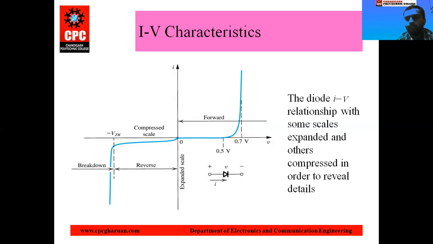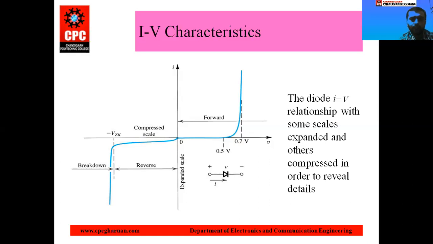As we discussed in the last class, there are majority carriers and minority carriers. Suppose in a P-type semiconductor, the majority carriers are holes and the minority carriers are electrons, and in an N-type semiconductor, the majority carriers are electrons and the minority carriers are holes.